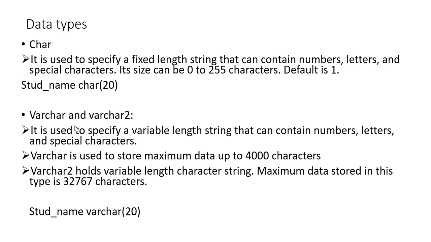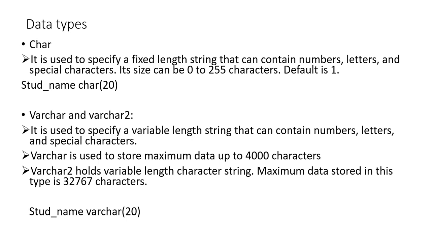After that, varchar and varchar2. It is also used to specify a variable length string that can contain numbers, letters, and special characters. The basic difference between char and varchar or varchar2 is that char is a fixed length string data type, and varchar and varchar2 are both variable length string data types.